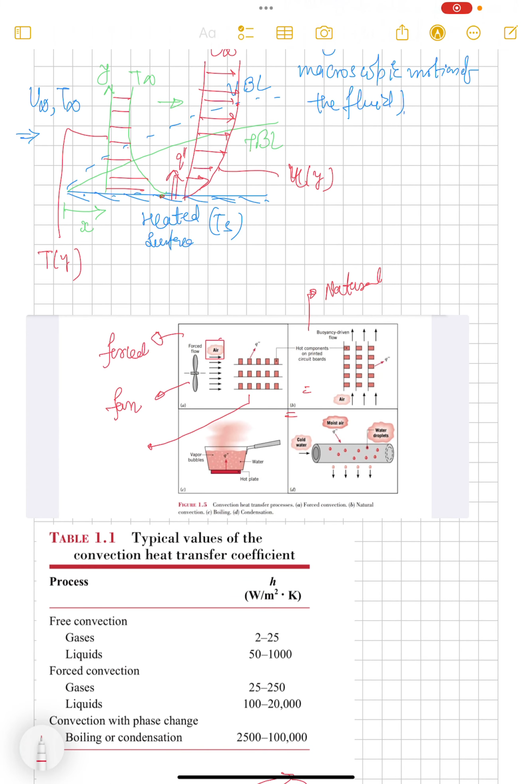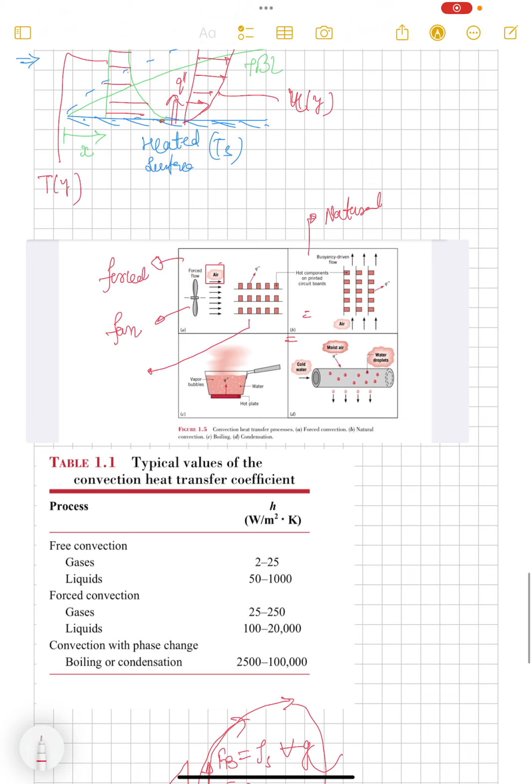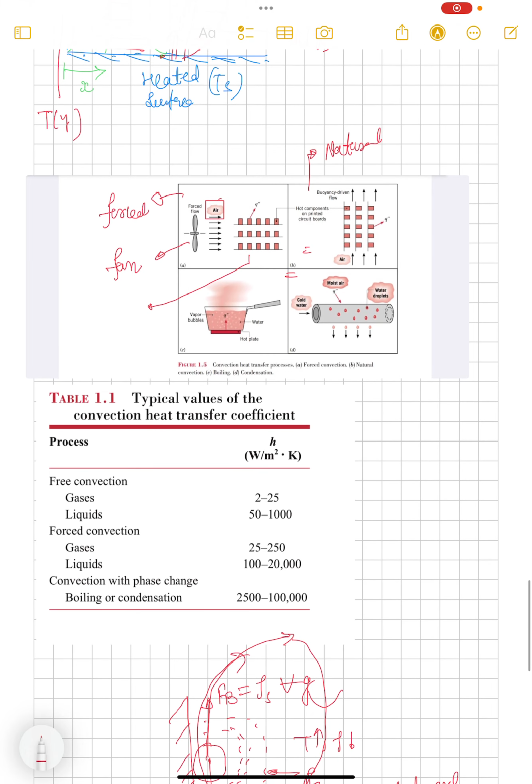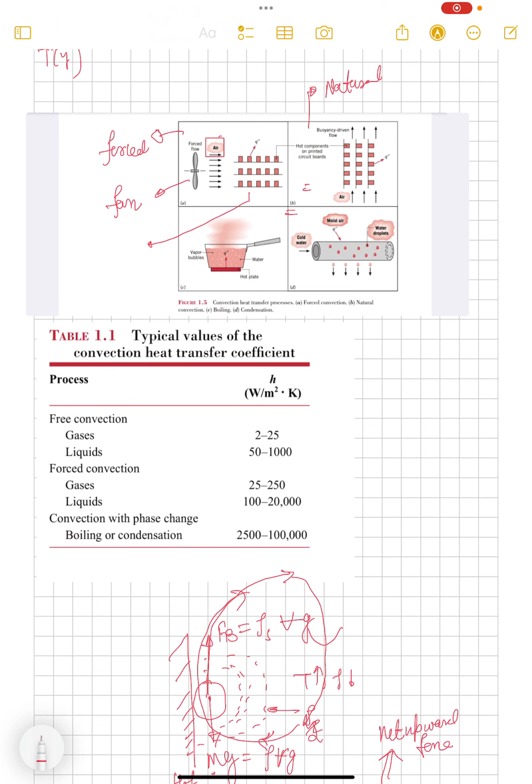But in some cases, if the fan speed is not too high, both forced convection and natural convection can occur in the same application.